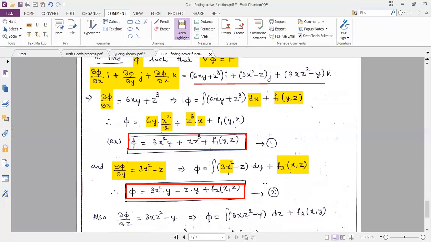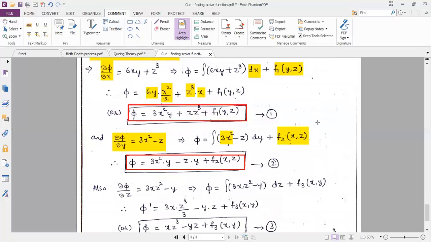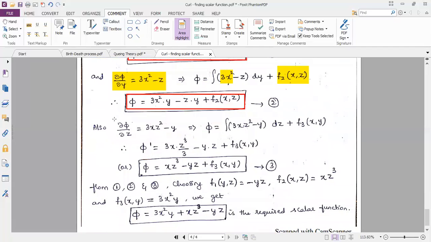Now similarly, equating the k component on both sides, ∂φ/∂z is given by 3xz² − y. So we need to integrate with respect to z: the integration of (3xz² − y) dz, plus f3 of x comma y. Since we are integrating with respect to z, we add the constant of integration with respect to x comma y; that's the reason for f3(x, y).